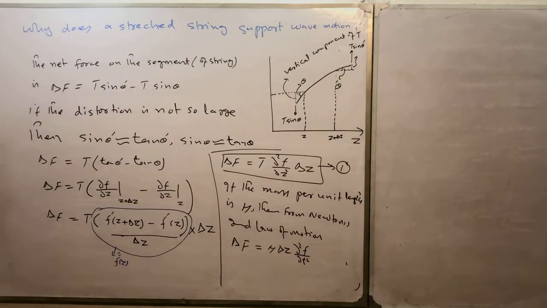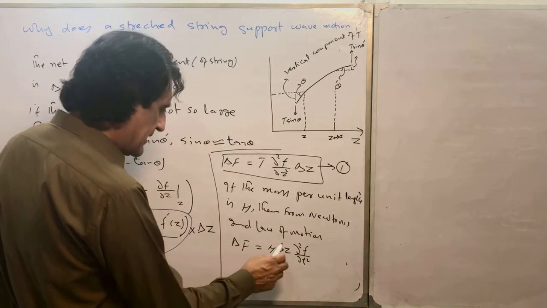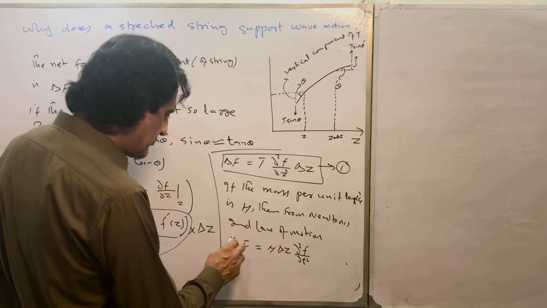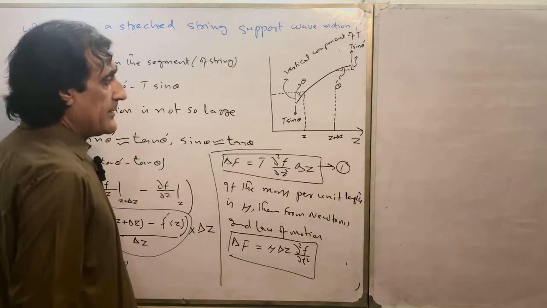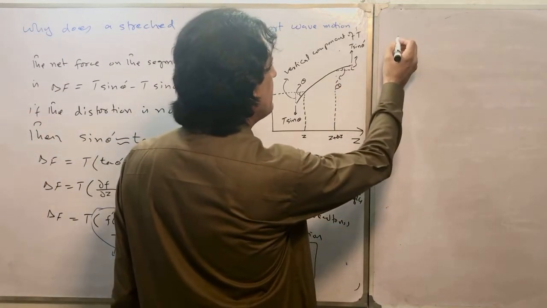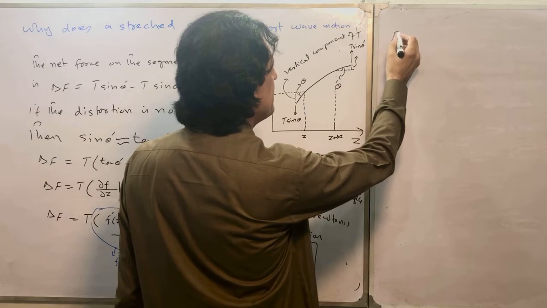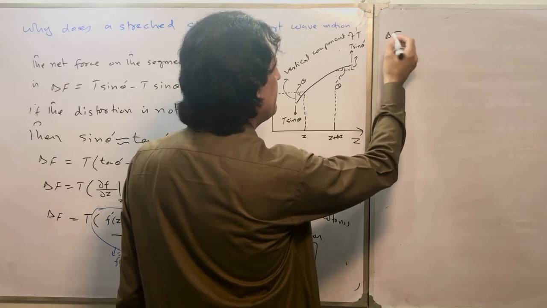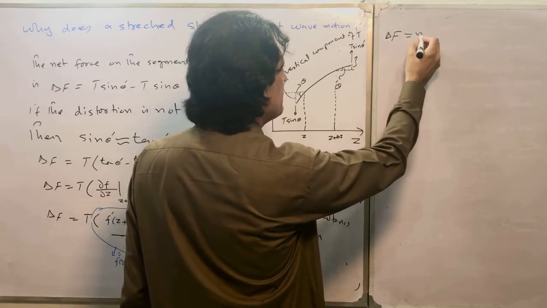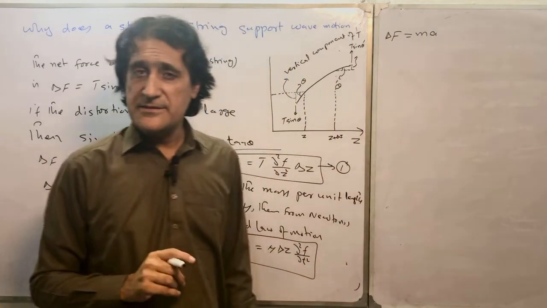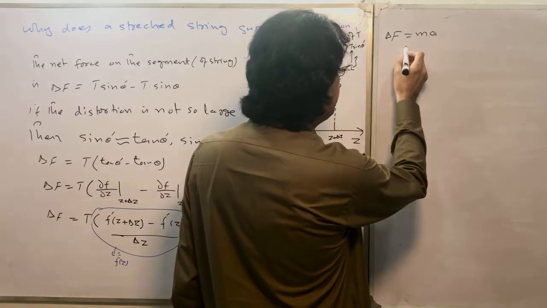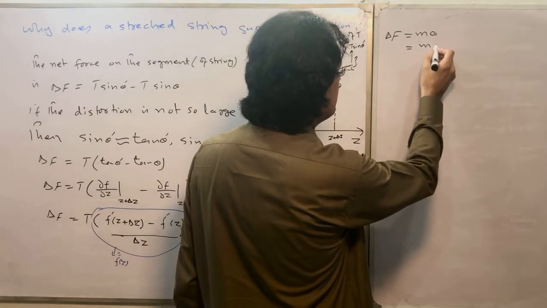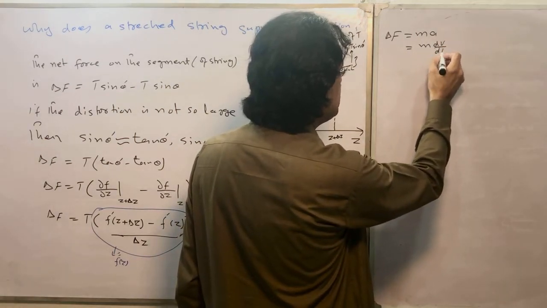Now I want to compare this. I say that this is Newton's second law. But we know from previous knowledge that delta F or F is equal to ma. This is Newton's second law. And further, this is equal to dv divided by dt.